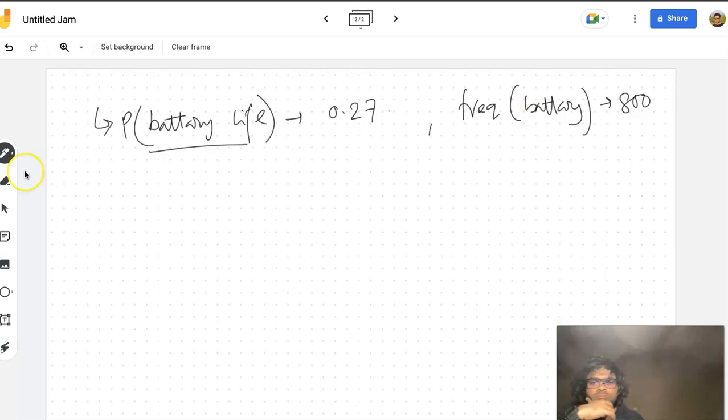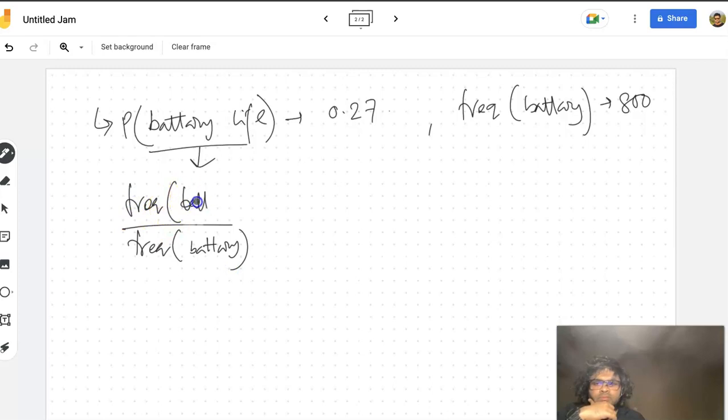So what does this probability tell us? This probability is basically the frequency of "battery life" divided by the frequency of "battery", which is 0.27.